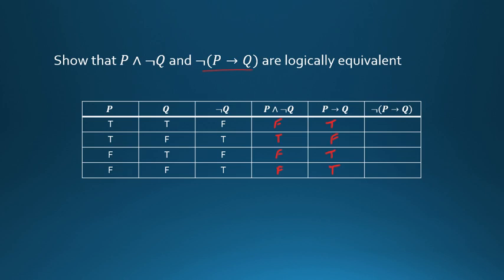So we are now at this stage here. And now lastly, we have not P implies Q, so switch the truth values here. False, true, false, and false.